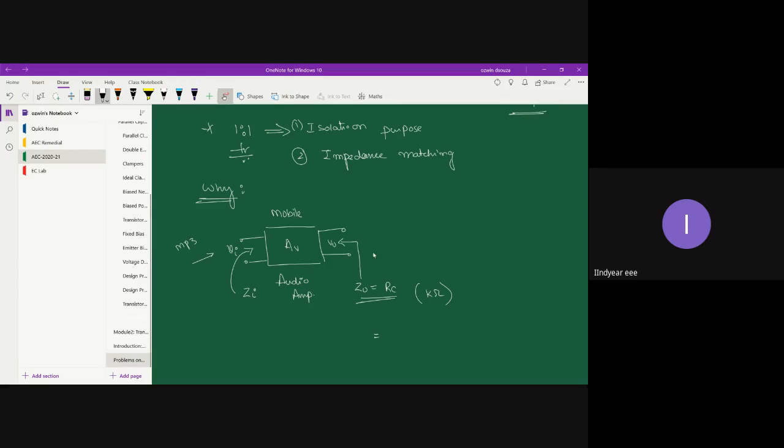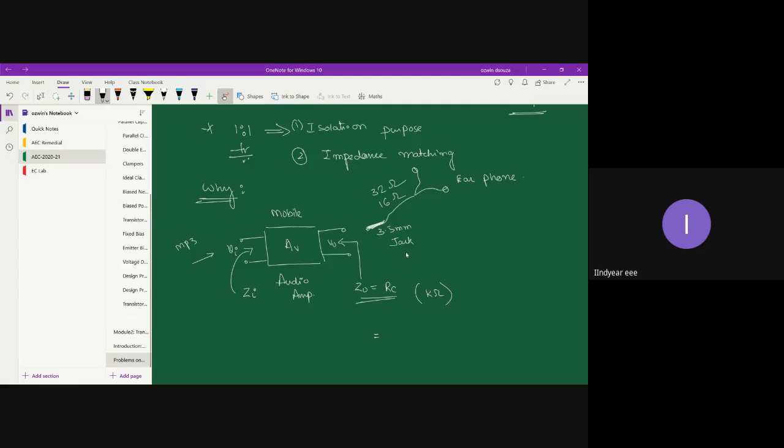And to this output, what are you connecting? You will connect a 3.5 mm jack, and this is your headphone, your earphone. I have told you in the beginning. So these earphones or headphones, whatever you are using, will have an impedance of either 32 ohm or 16 ohm.